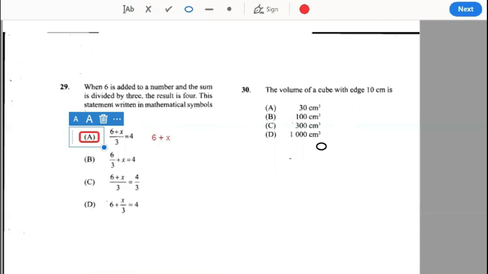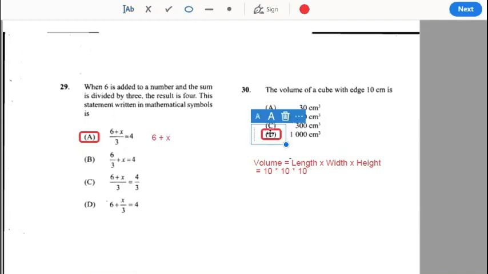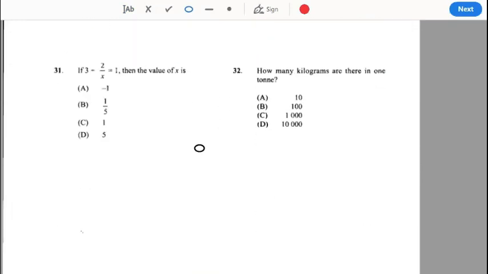Or more formally, volume is equal to length times width times height, and all sides on a cube are equal, so therefore it will be 10 times 10 times 10 to give us 1000, and our answer is D. Yay!